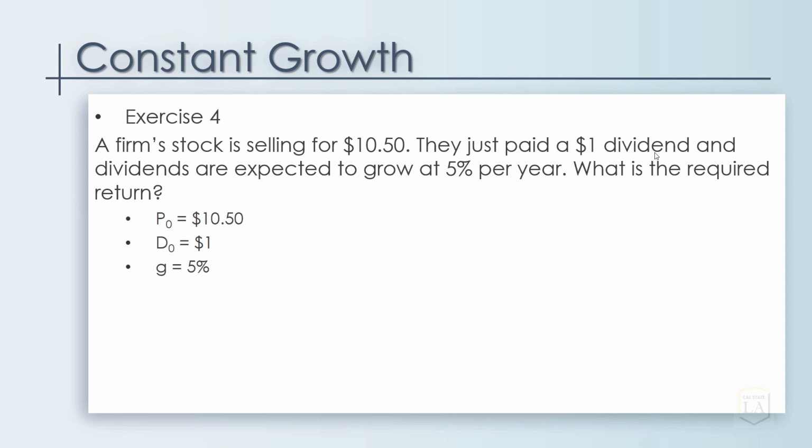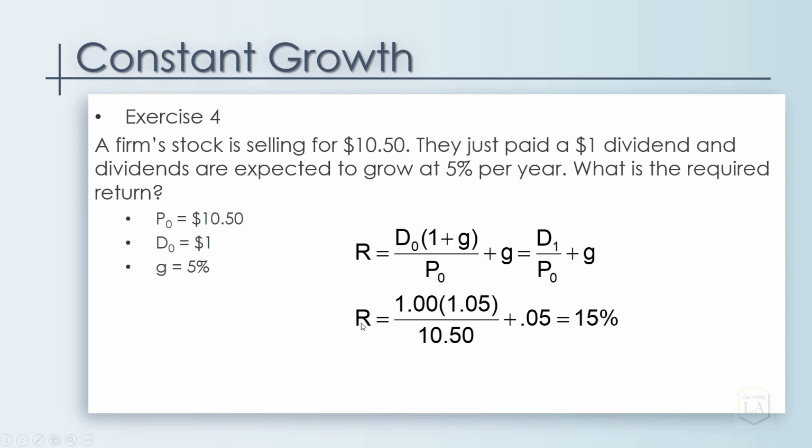If we input P sub 0 being 10.5, D sub 0 being 1, G being 5%, then we can figure out that the required rate of return is 1 times 1 plus 5%, divided by the price of 10.5, and then you add 5% as well, which will be equal to 15%. So that's how you figure out the required rate of return.